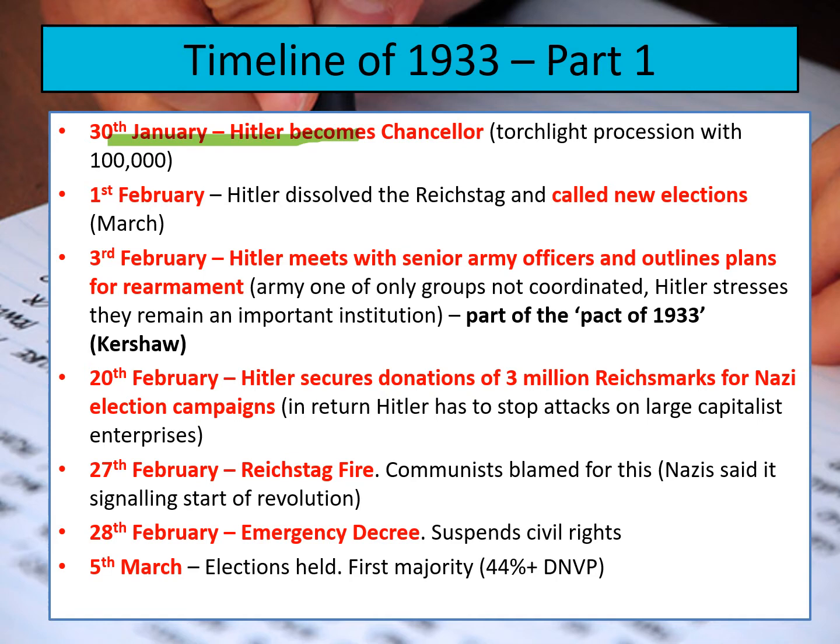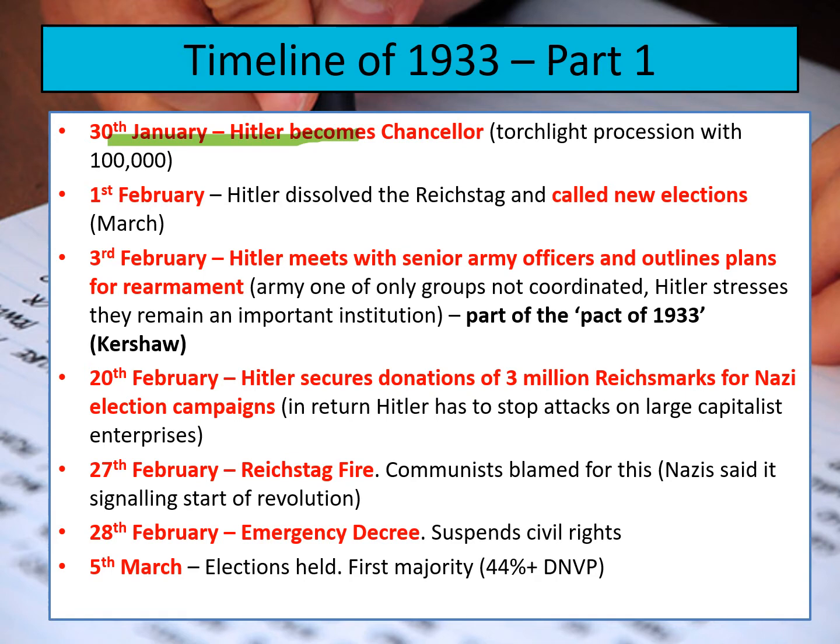Now, Hitler wanted to start straight away in getting an overall majority. As you already know, he was disappointed with the election result of November 1932, where his share of the vote decreased from the 37% or 230 seats that he had in July 1932 to 33% or 196 seats in November 1932.